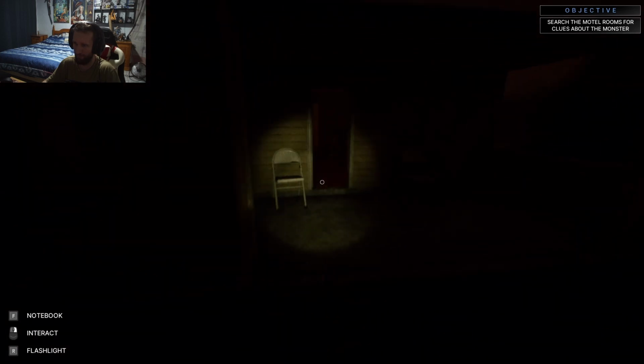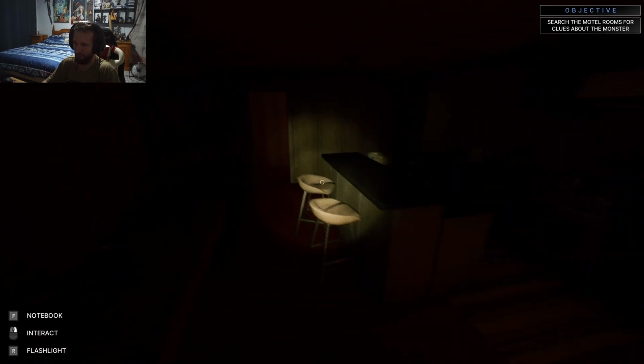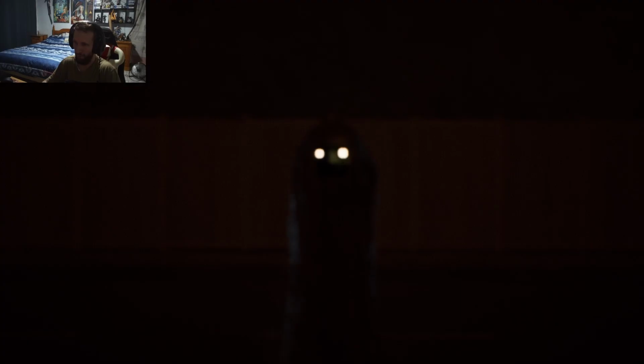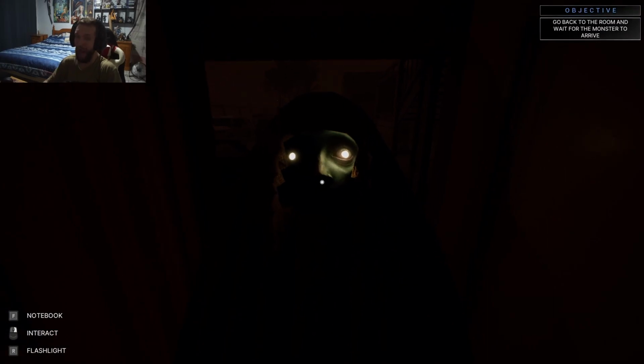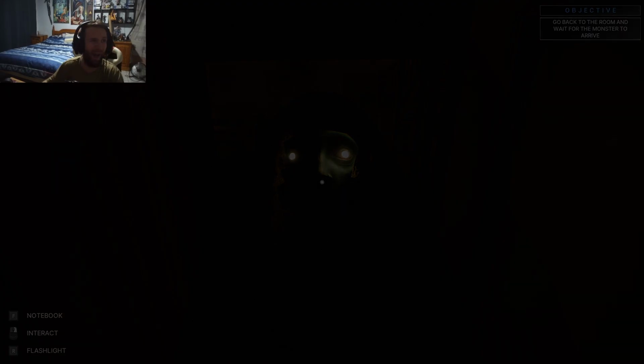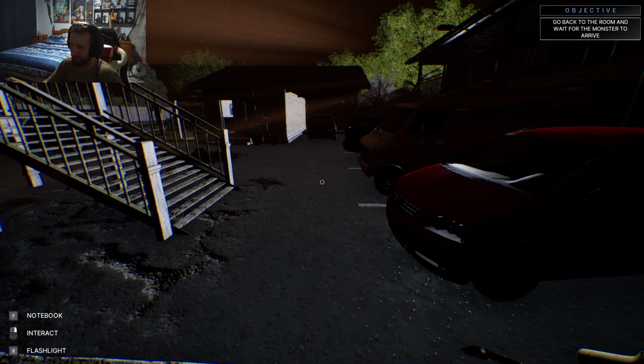Our flashlight. Do we just check the rooms or what do we do? Oh shit! Where is it though? What? Forget me. Am I dead? Did it catch me?